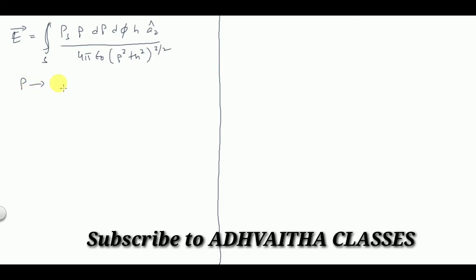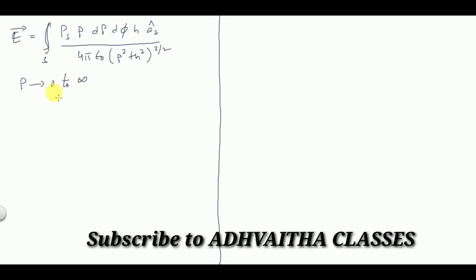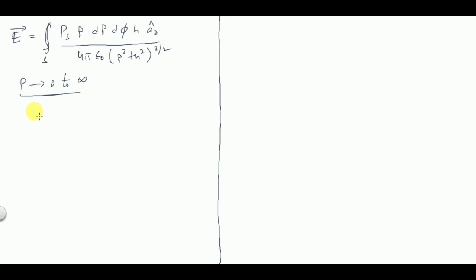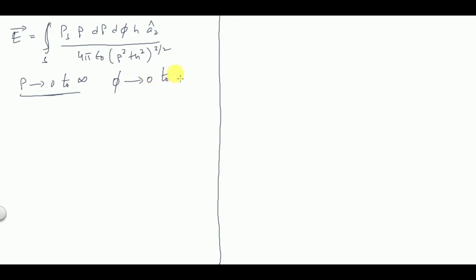So we know that the limits of rho are from 0 to infinity. This is what I discussed when I was explaining the first concept, that is the cylindrical coordinate system, and phi extends from 0 to 2 pi. If you have not seen that video, please see that video. I have explained it there clearly.